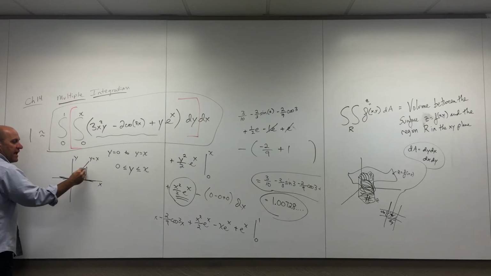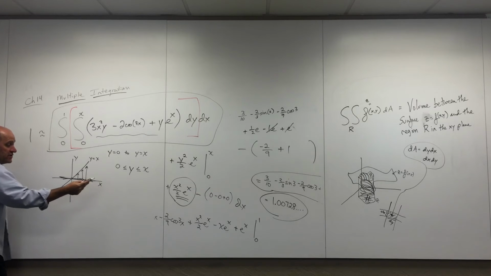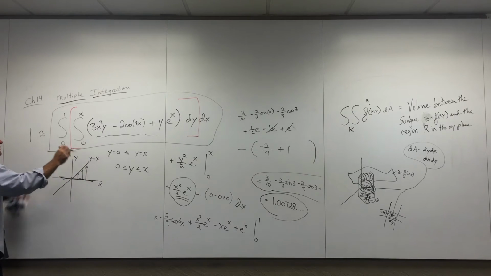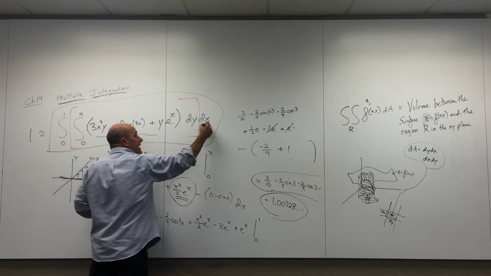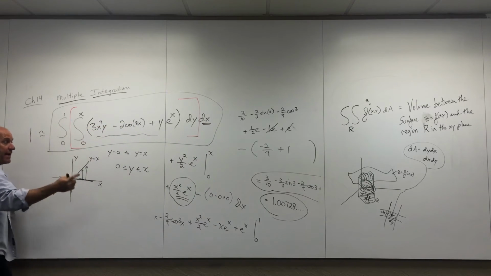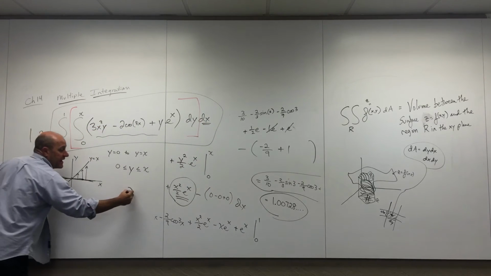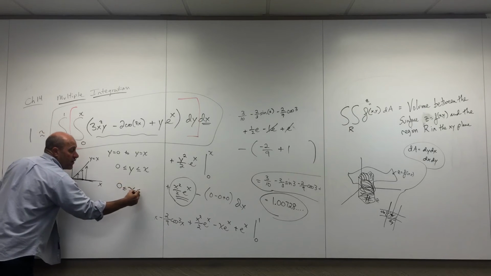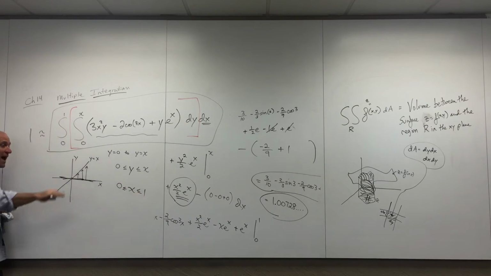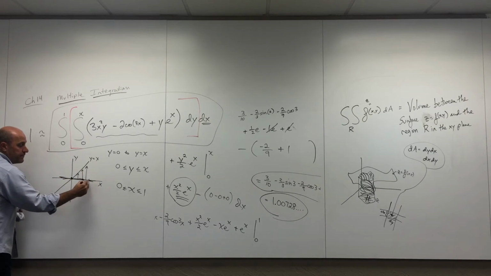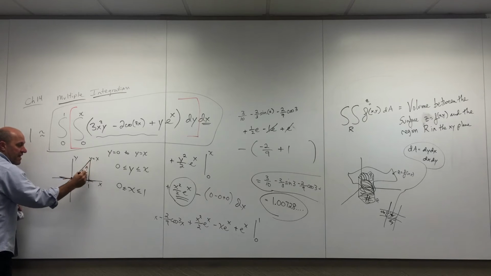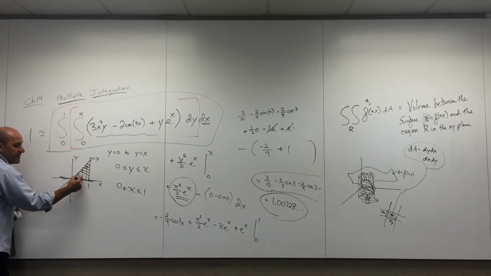That's awesome. And it does that forever? No, it doesn't do that forever. Let's look at the bounds out here. By the way, these outer bounds are for x, and it says to me that x is living between 0 and 1. So y moves from 0 to x while x moves from 0 to 1, and this is the region over which I'm integrating.